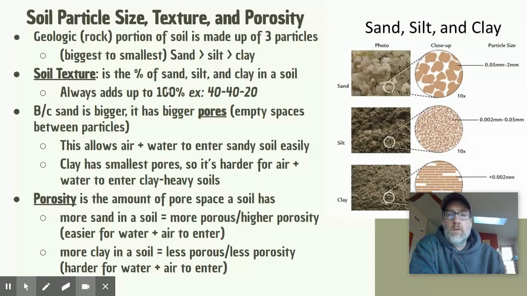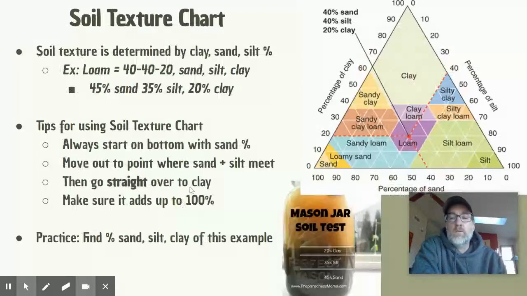Sand, because it has larger pores, is going to allow more moisture and more air to circulate through. Clay has the lowest porosity, the amount of spaces in between it, and it retains water, and water has a difficult time passing through. So the more clay a soil has, the less likely, again, it's going to drain.